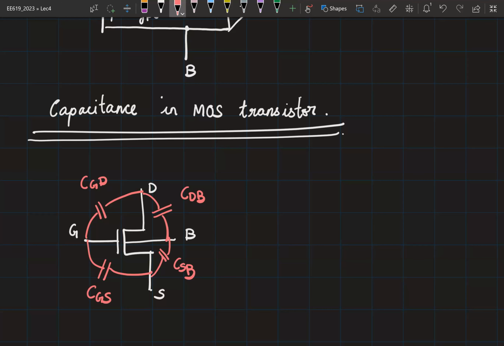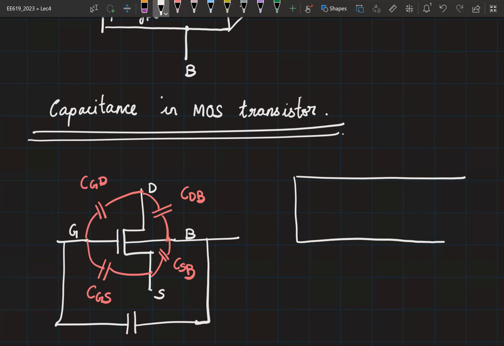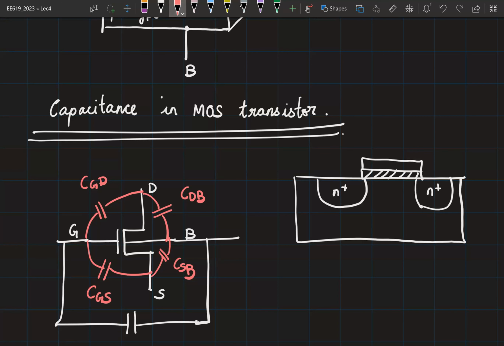CDS. Okay, anything else? CGB, right? Now about CDS, you're basically saying that you can have a capacitance between this diffusion region to this diffusion region, right?